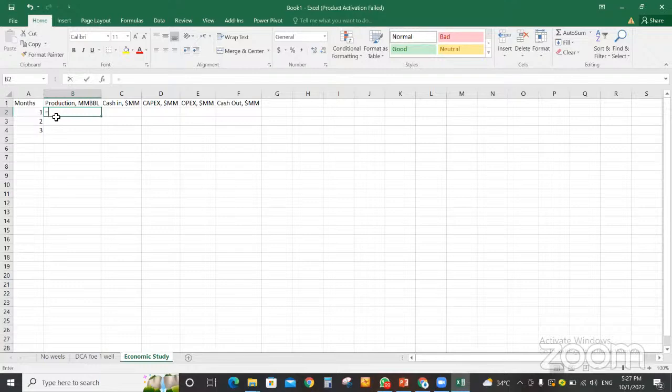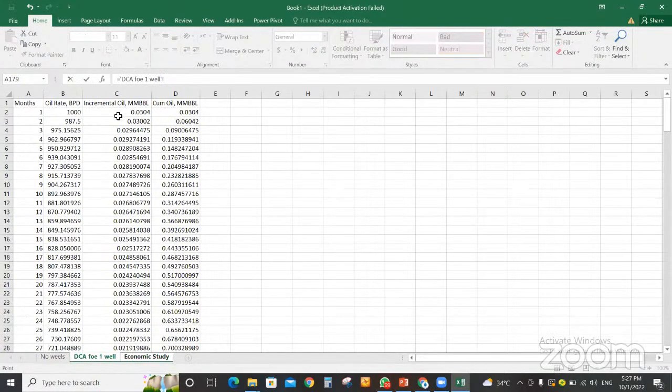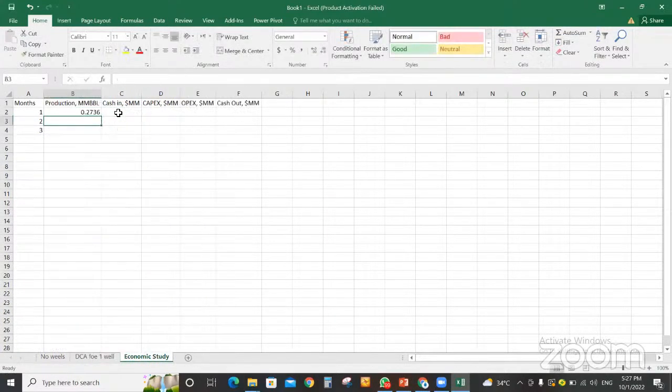The production will be equal to the production of a single well multiplied by 9 wells. The cash in will be equal to the production multiplied by the oil price, which was $100.